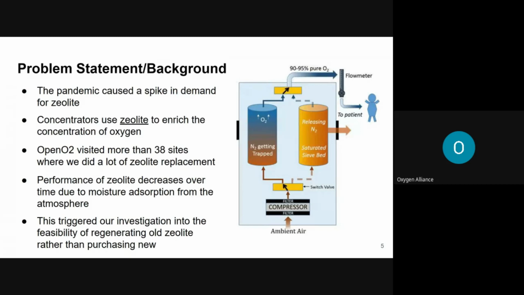So this is where room air is forced into the sieve beds, which contain zeolite at high pressure. And when this happens, the zeolite traps the nitrogen and then lets the oxygen pass through. So with time, the zeolite will accumulate moisture. So when this happens, that's what causes the zeolite to lose its ability to hold the nitrogen.